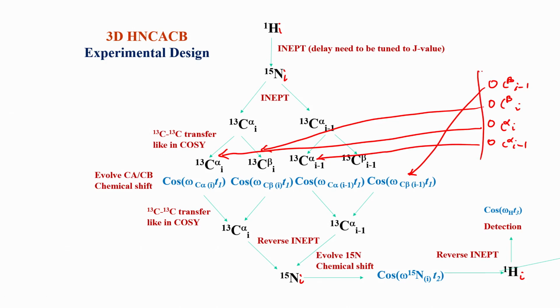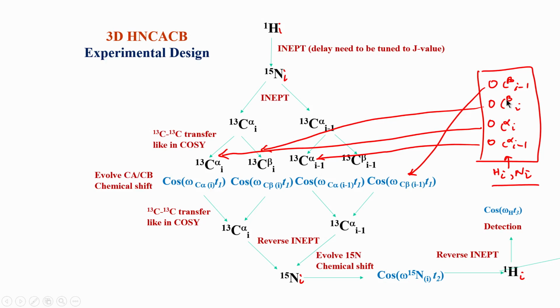So for a given H I N I combination, I am getting these 4 chemical shift values. This is how an HNCACB works: for a given amino acid, HI and NI, I am able to get 4 different chemical shifts. This is a lot of information, very useful for protein assignments, as we will see later on. But now the question remains: how do I distinguish all this?